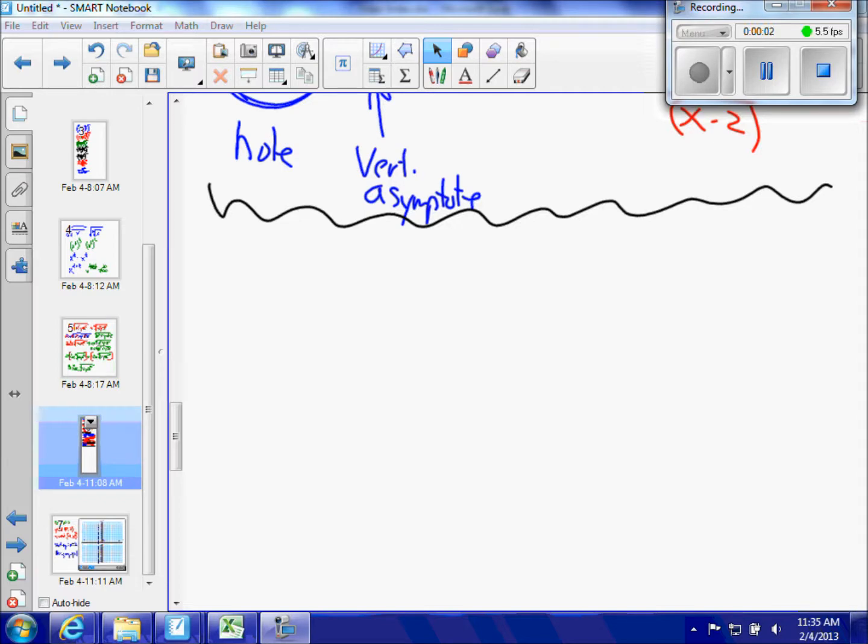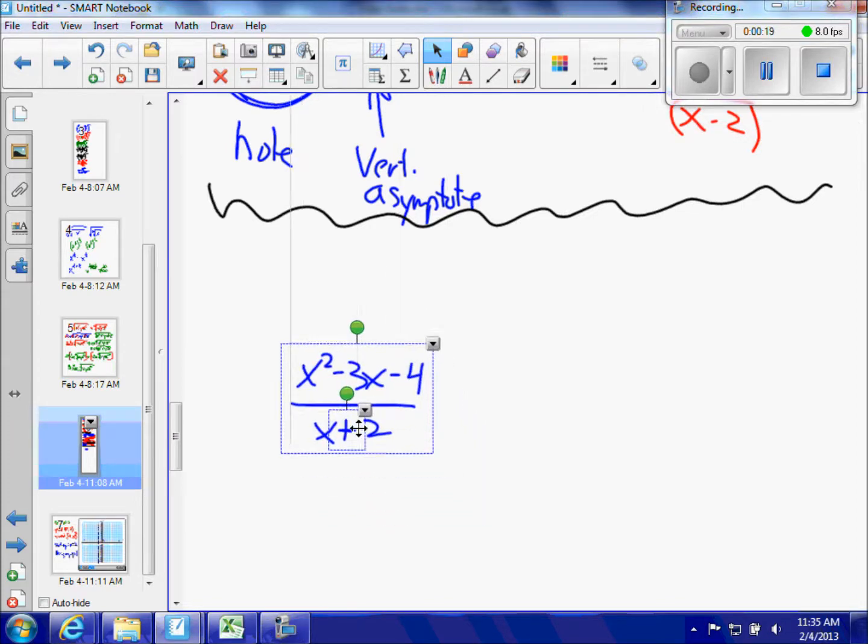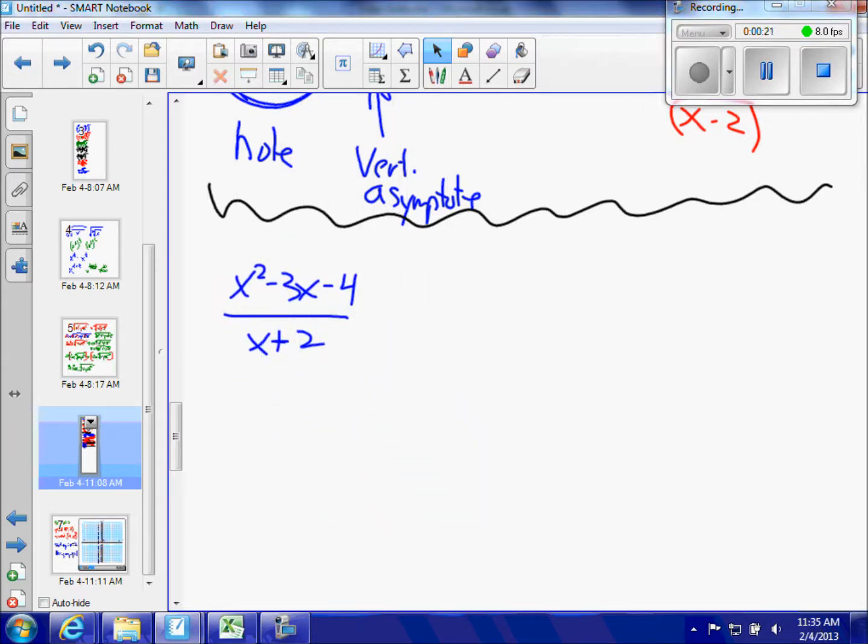I am going to continue on here with step number 6, locating the horizontal or oblique asymptote. So let's look at my function again. Here's my rational function. And in this rational function, my highest power on my numerator is x squared, and my highest power on my denominator is x.